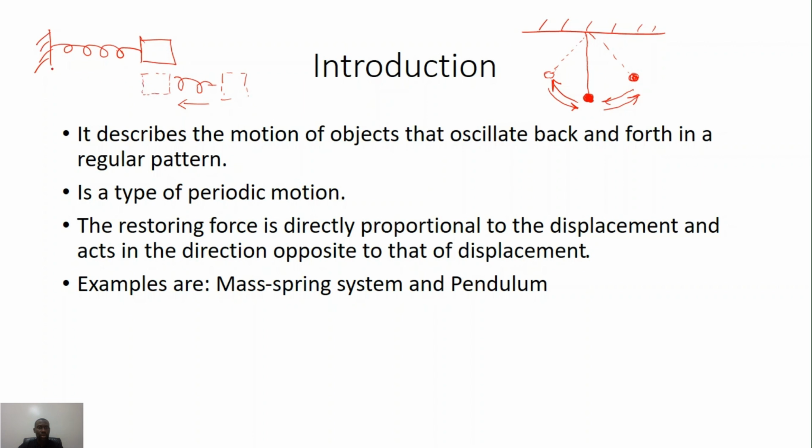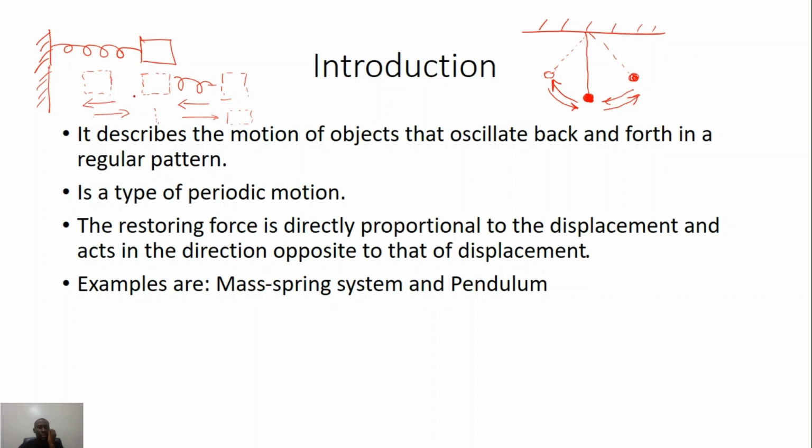And when it reaches this place, it overshoots its position and it will continue to move in this direction until it reaches a position here. And following this, it moves back again and overshoots this equilibrium position to reach this place again, and it continues like that.